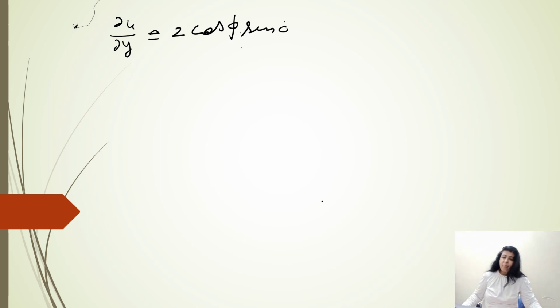So del u by del y will be 2 cos phi sin phi, and del v by del y will be 2 cos square phi.